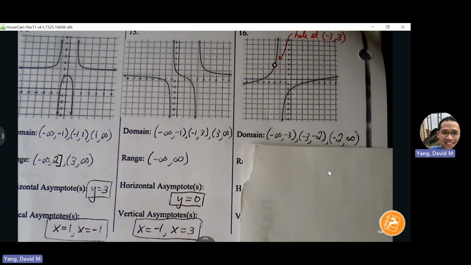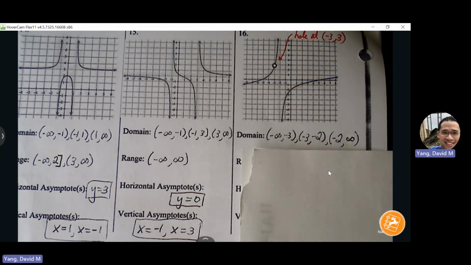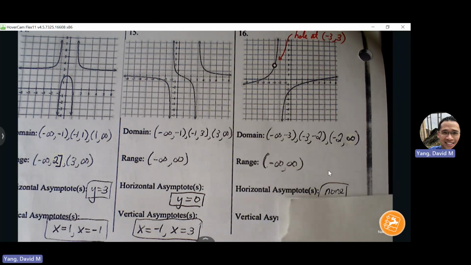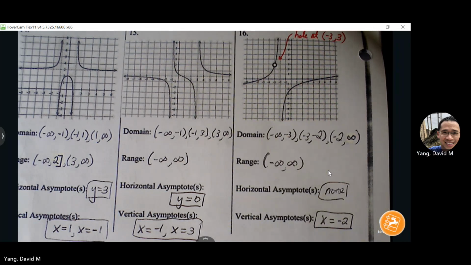So even though it doesn't exist at this y value, this branch will cover for that. So it's all real numbers. So the range is not going to have any restrictions. It doesn't stop there, right? It just slowly inches upwards towards infinity. Do we have a horizontal asymptote? No, we only have one vertical asymptote, right?